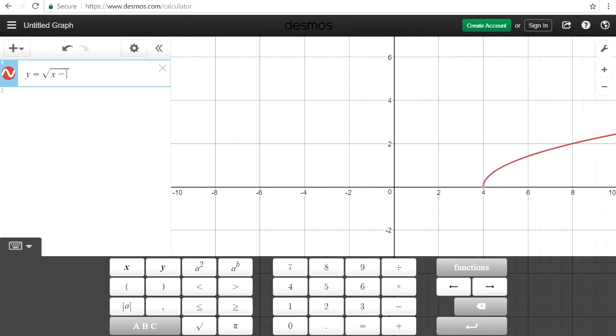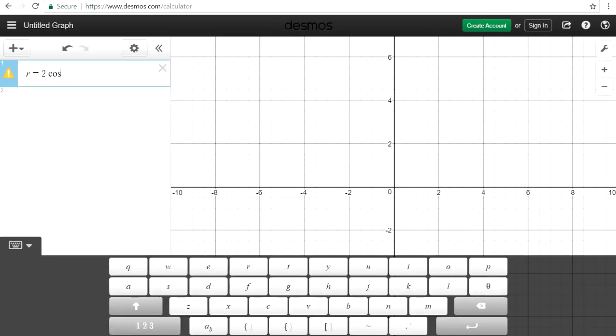We can try a square root function. And what's useful is you can also graph polar equations. Let's say if we want to graph r equals 2 cosine theta, you can graph that. For those of you who have to graph polar equations like Limacons, Lemniscates, this tool is very, very useful.